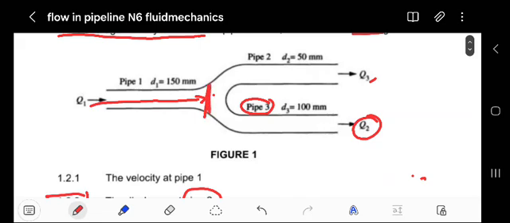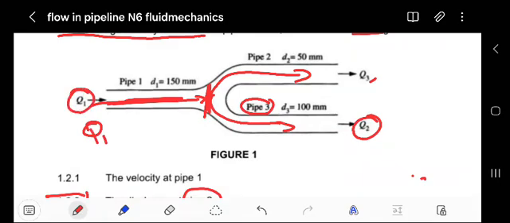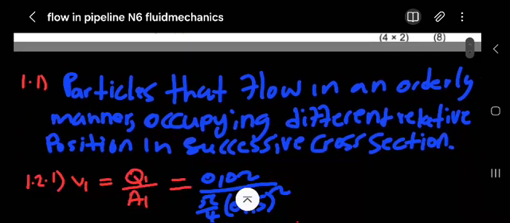Some water will travel in one pipe and the other will travel in the other pipe, but they are coming from the same water. That means Q1 will be the sum of the two, equal to Q2 plus Q3. Hopefully you understand that.